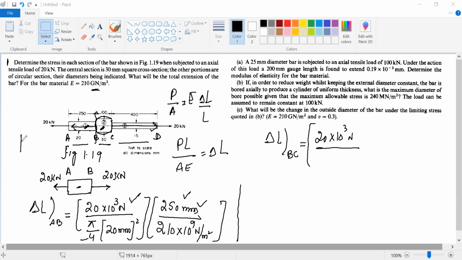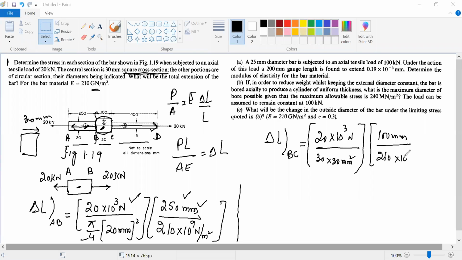It is a square cross section, and each side is 30 mm. So its area will be 30 into 30 mm square, multiplied by the length, given as 100 mm, divided by Young's modulus of elasticity, 210 into 10 raised power 9 Newton per meter square. This is for section BC.